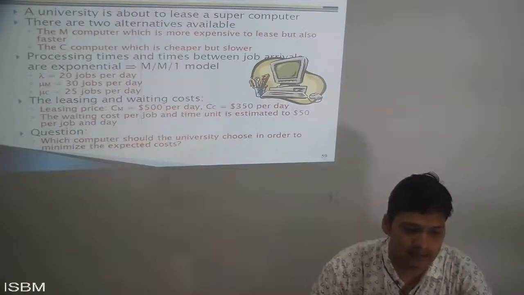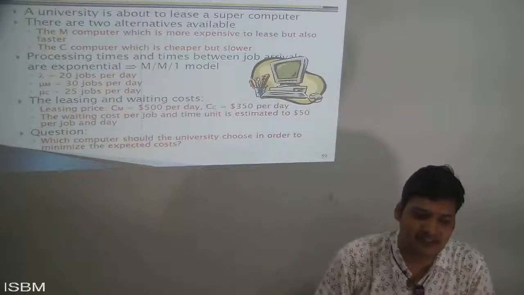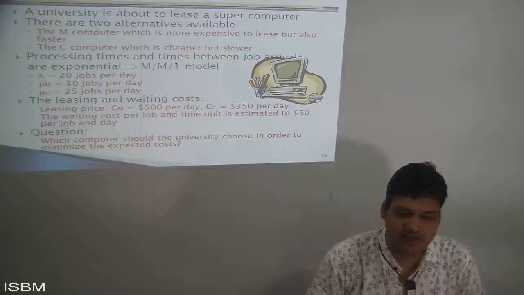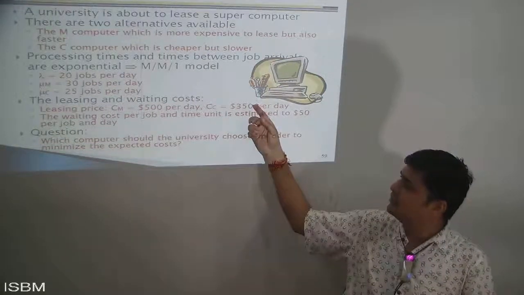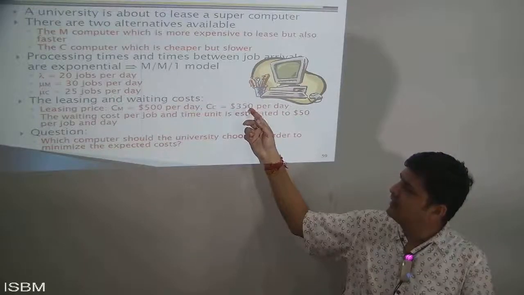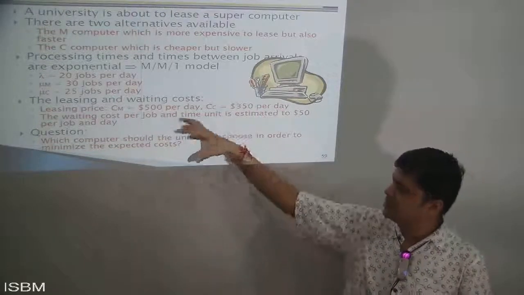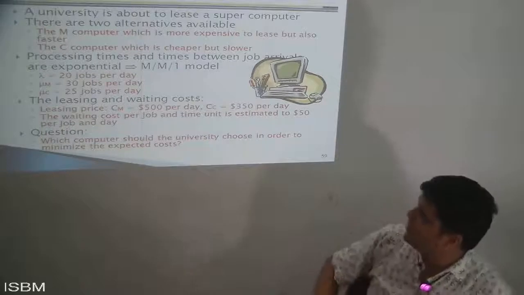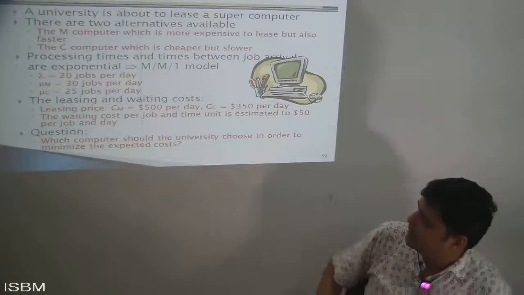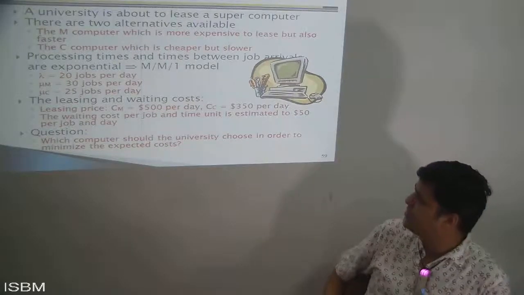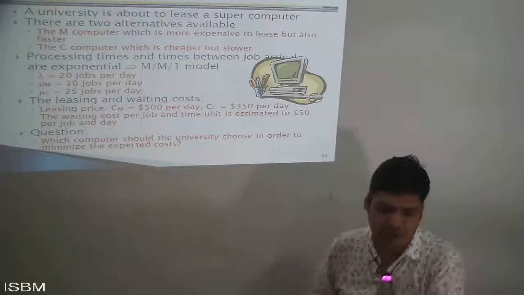The leasing and waiting costs are shown over here, which are CM and CC. CM is the leasing price, and the waiting cost per job per time unit is estimated at $50 per job per day. So the question: which computer should the university choose in order to minimize the expected cost?